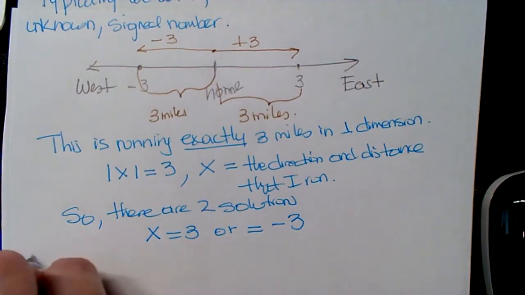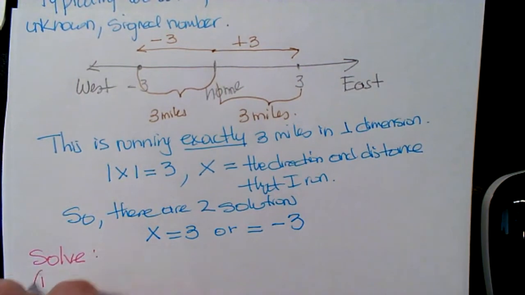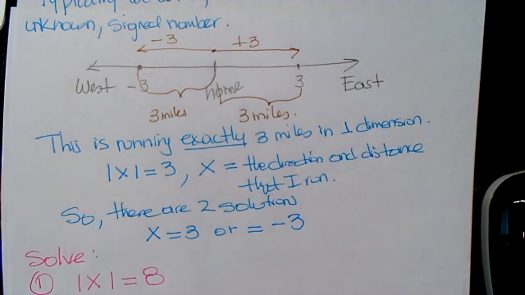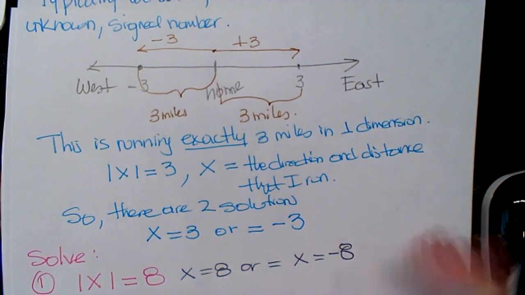It says solve. And the first one is absolute value of x equal to 8. So according to this, we know x is going to be equal to 8, or x is going to be equal to what? To negative 8.